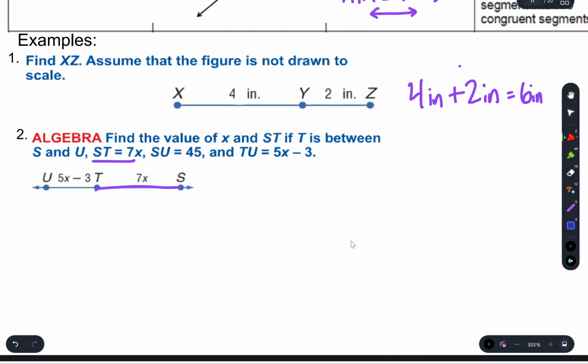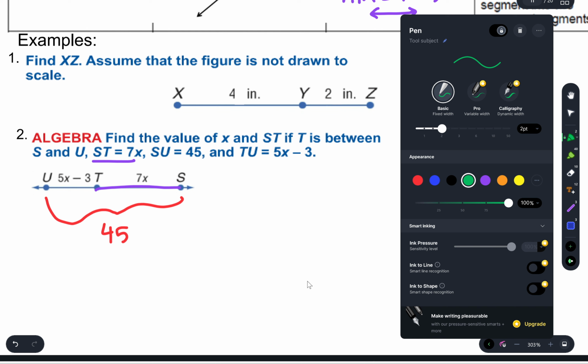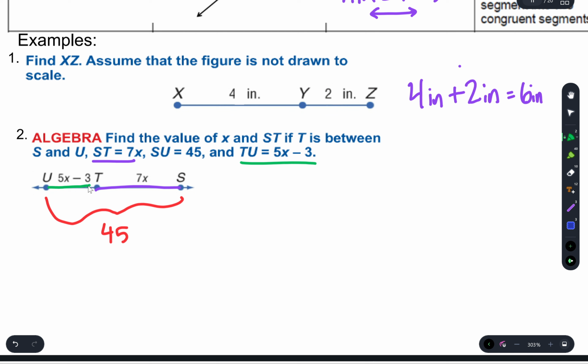SU, so the distance from S to U, is 45. And TU is 5x minus 3. So I've got all these pieces. How am I going to set up an equation that relates all 3 of these pieces? Kind of the same way that we just wrote that equation in number 1. Can anybody put it together?